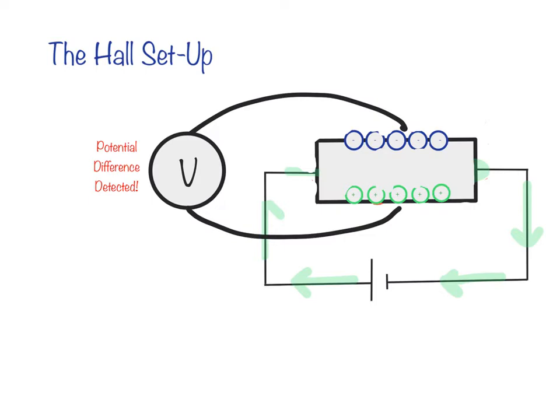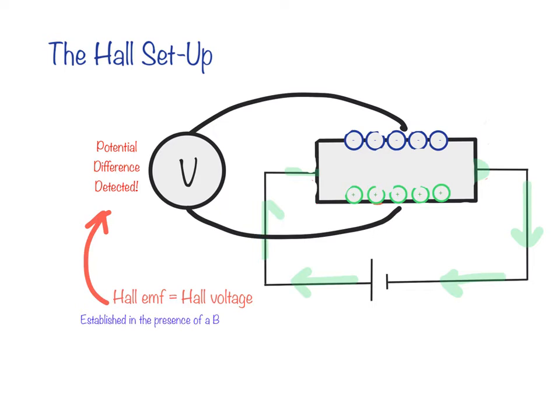This potential difference that was established in the presence of the magnet is known as the Hall EMF, or the Hall voltage. It's this voltage that was discovered by Edwin Hall, an American physicist, in the late 1870s, and it's named after him.